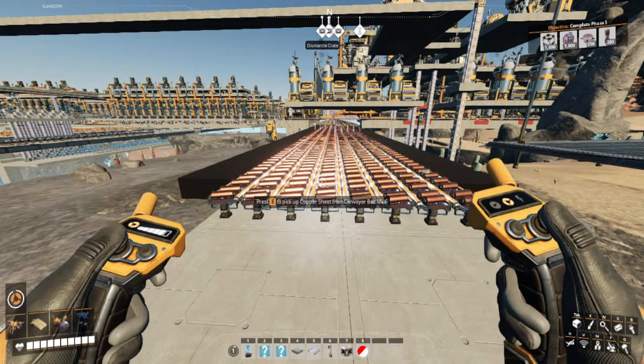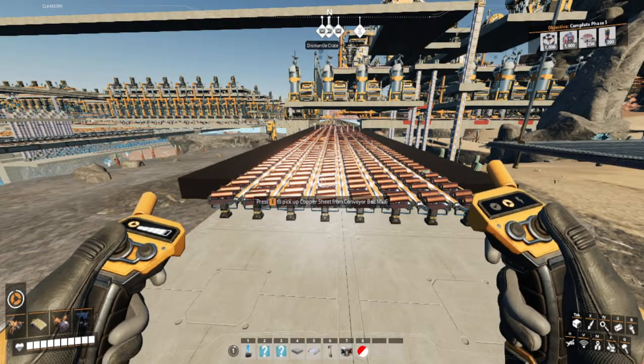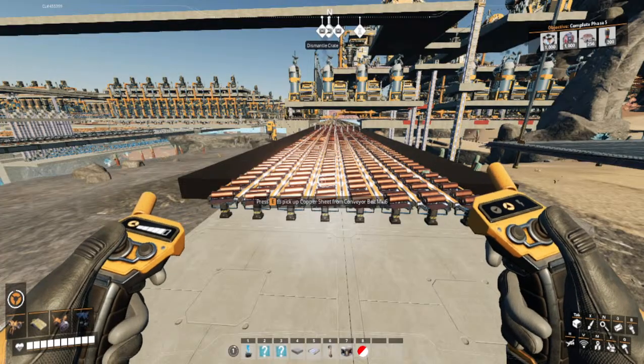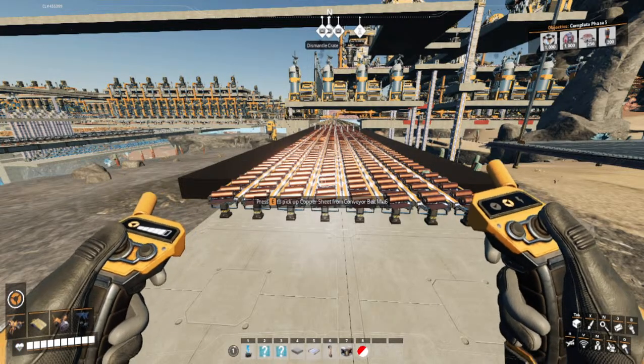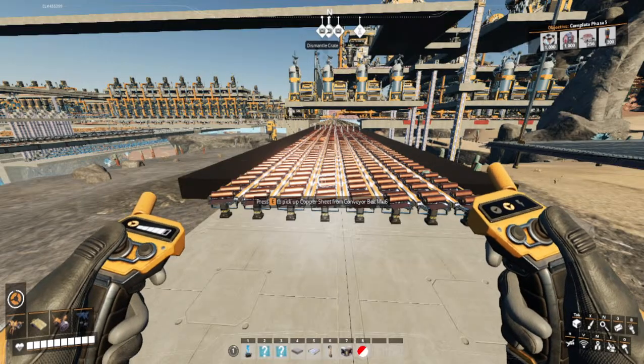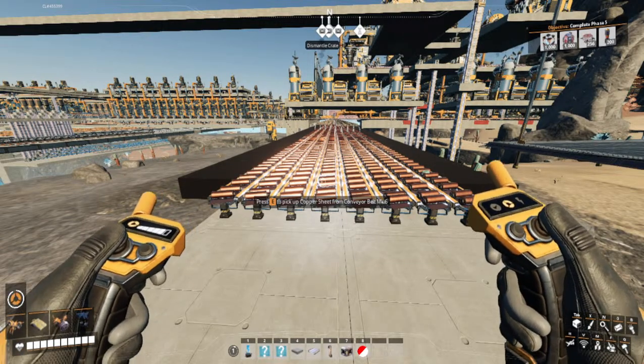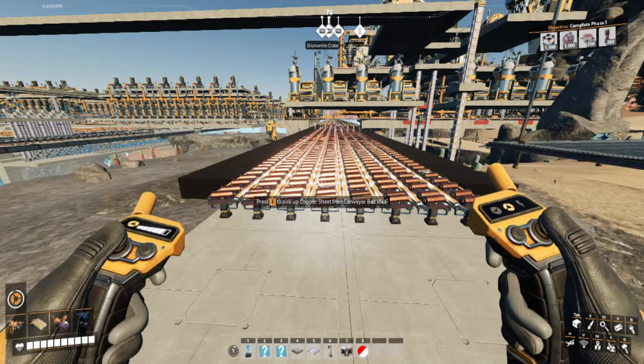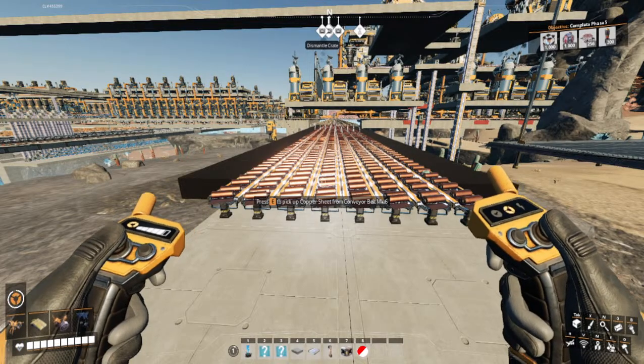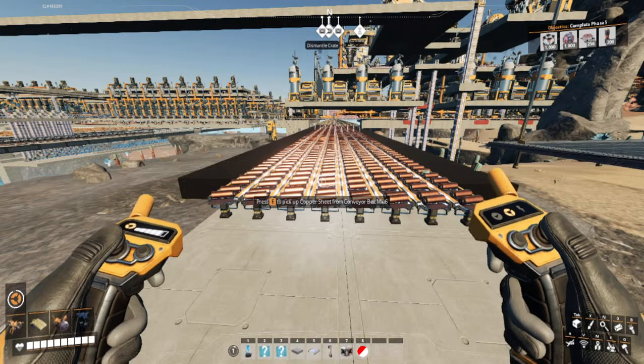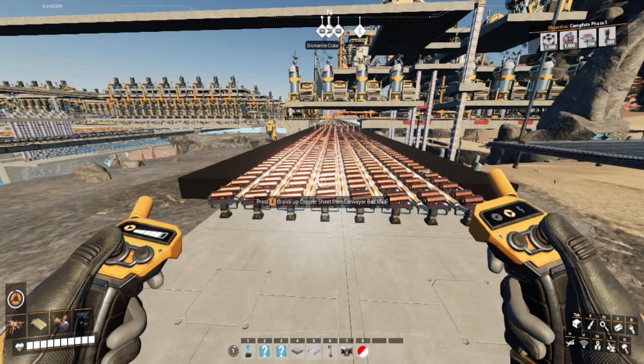So my grouping of quick wire, one line is going to feed 5. 5 times 8 is not 160. Oh, okay. 32 times 5 is 160.